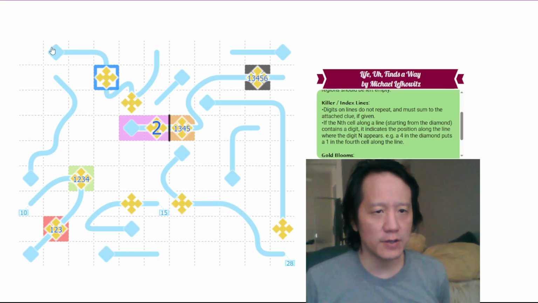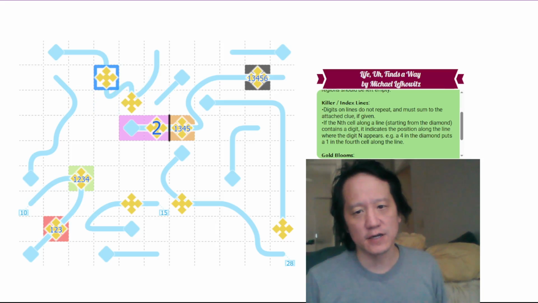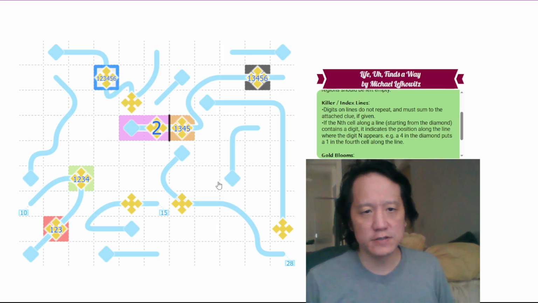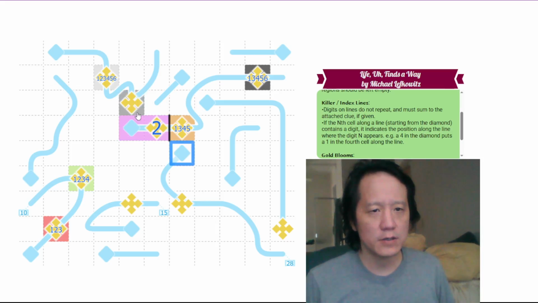This cell can be 1, 2, 3, 4, 5, 6 in length and size. I guess we'll make this light, and we'll make this medium for now. It could be pink. This can be 1, 2, 3, 4, 5 in size.